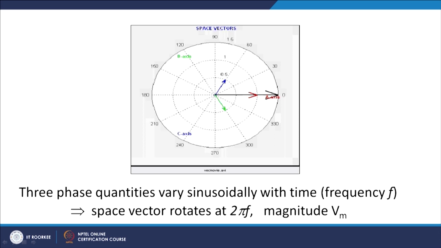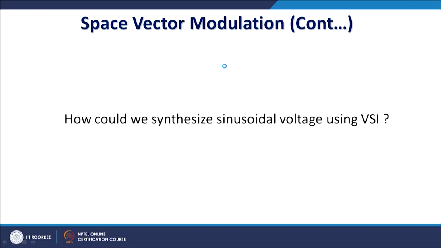So, here is how this voltage rotates. Now, in a stationary frame, we will represent this waveform like this. VA has this magnitude, VB is minus, given by this magnitude, and VC will be this magnitude, again minus.